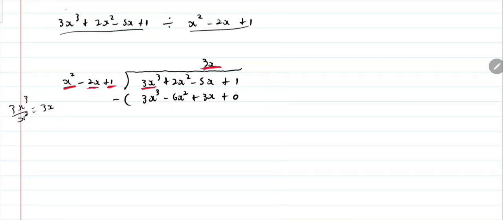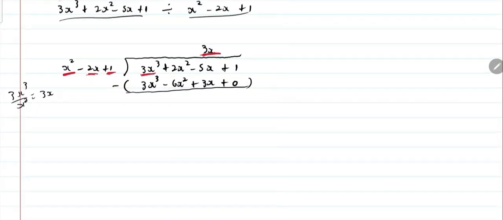And now I subtract. I have 3x cubed minus 3x cubed. It's going to give me 0, right? 2x squared minus 6x squared. Right? This is what? Plus, right?